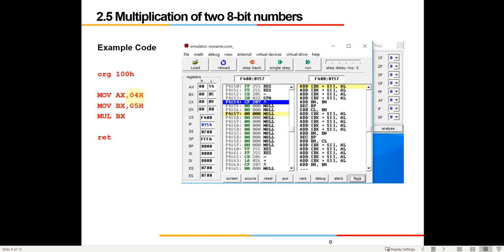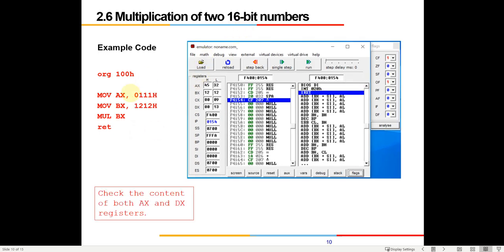First we need to load the two figures to be multiplied. One you load in AX, the other in BX, and then you write just multiply BX. Once you write multiply BX, it is understood it is going to multiply with AX, and the answer will be in DX and AX. You need to verify that after your program. You'll also have to check the carry flag and other flags. So this is multiplication of 8 bits.